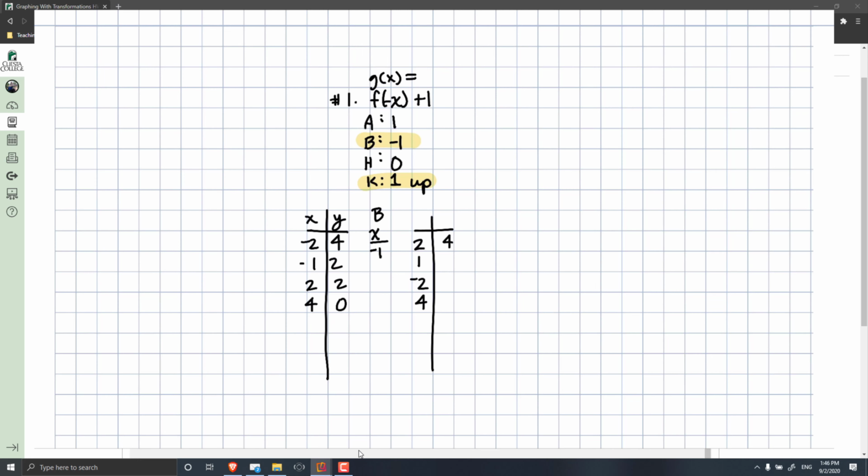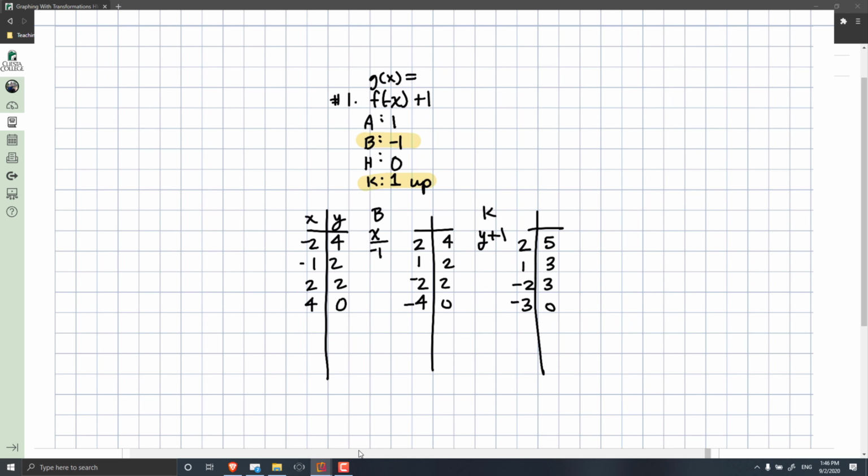The y coordinates 4, 2, 2, 0 stay the same. And then to do the K, the y coordinates, it's a shift up, so we'll add the 1 unit. And we get 5, 3, 3, 0. The x stays the same.